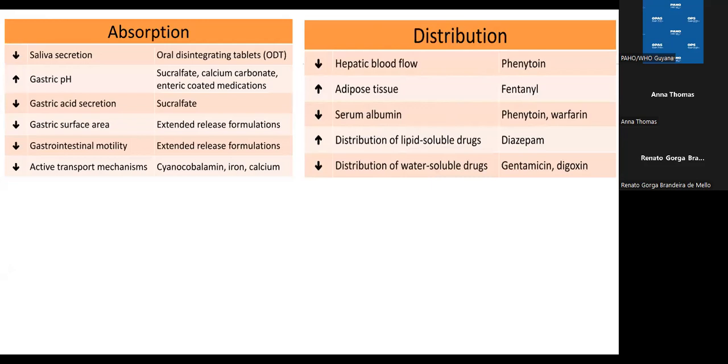In an older patient, diazepam, for example, has a much broader distribution because of the increase in adipose tissue, and there are several other changes affecting how a medication is excreted by the kidneys.